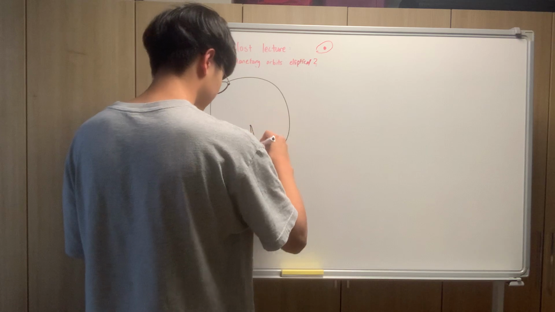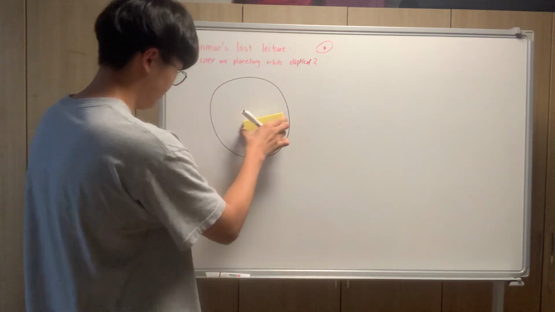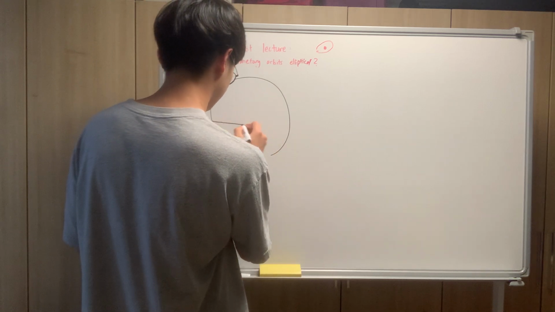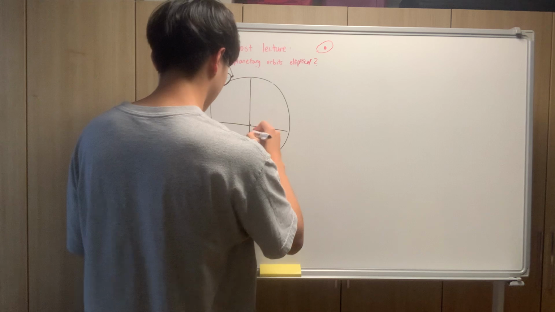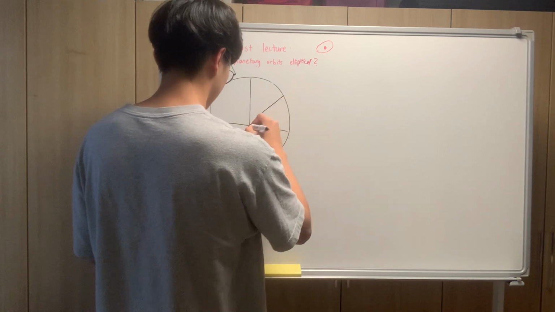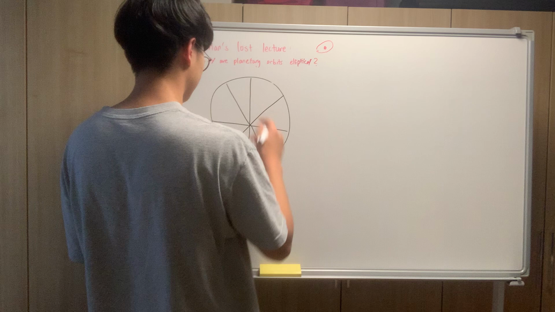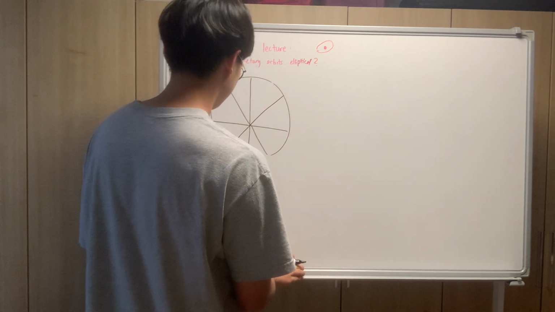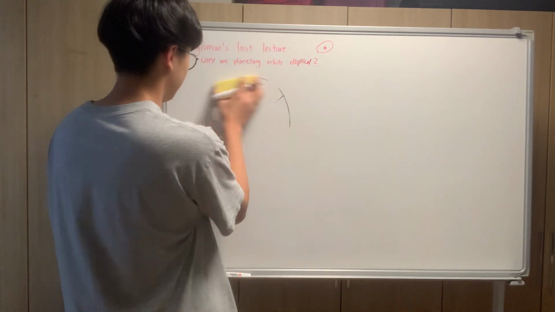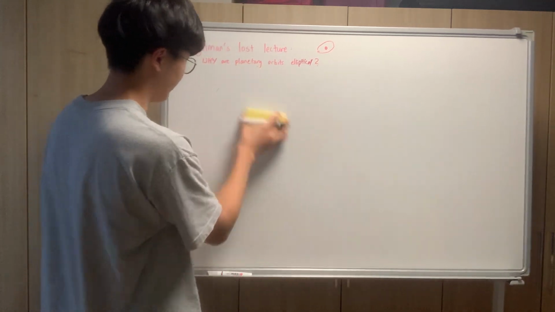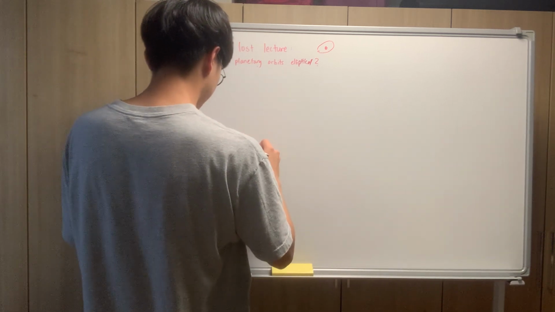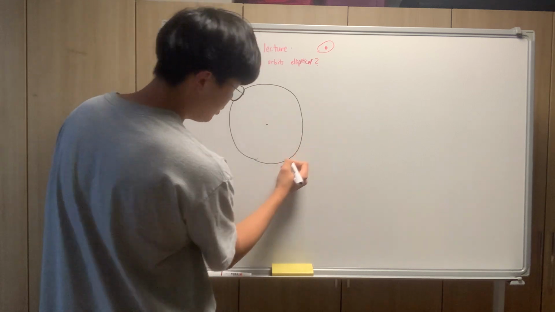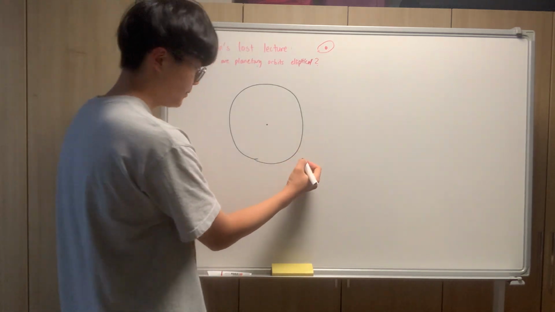So the velocity vectors trace something that looks like this. They're all equal angles apart from each other. Not equal angles, the changes, the delta v vectors, were all the same.